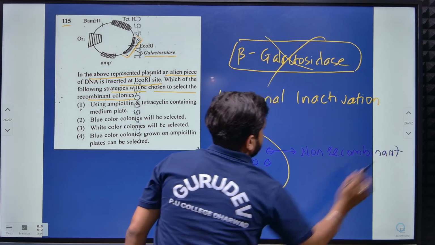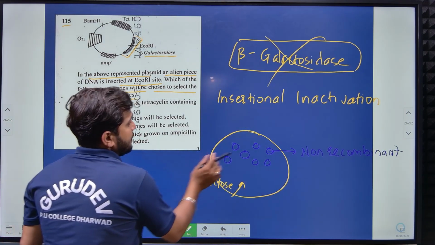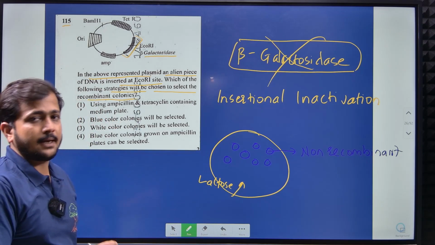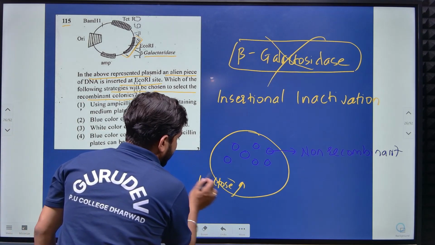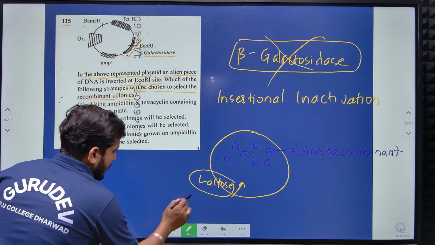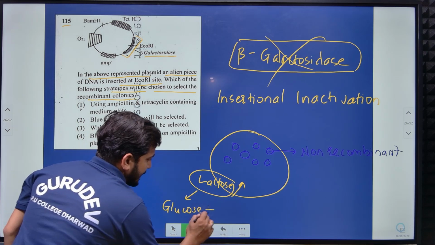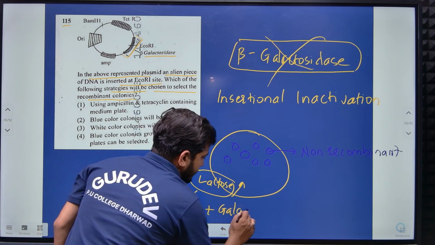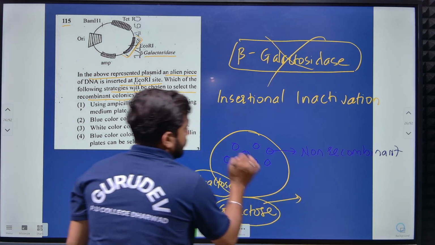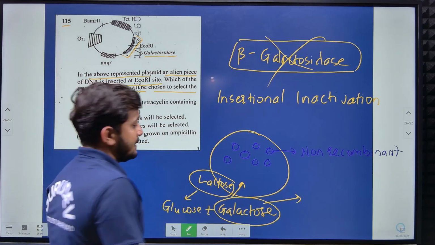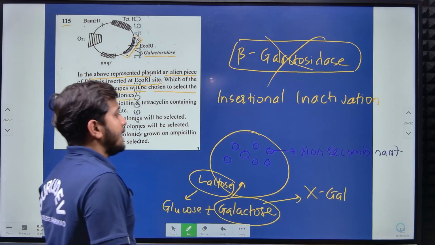The reason is that they produce beta galactosidase. That beta galactosidase will react with lactose and convert it into glucose plus galactose, and this galactose will react with one more chromogenic substrate that we have added, that is X-gal.